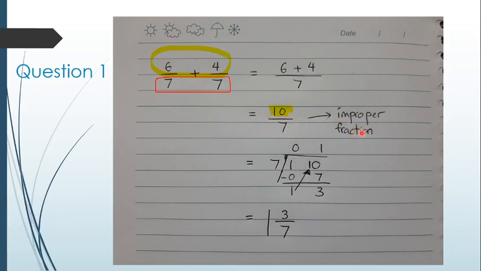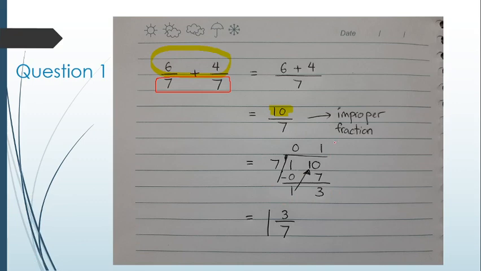10/7 is an improper fraction. Improper fraction means the numerator is bigger than the denominator. We do not want the final answer to be in terms of improper fraction. We want it to be a mixed number. Change it into a mixed number. So you can use the division technique that we learn in class.